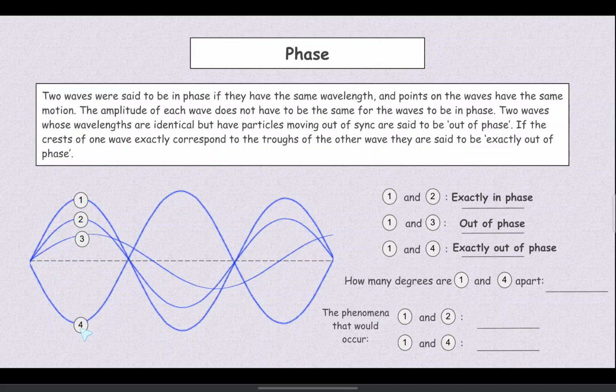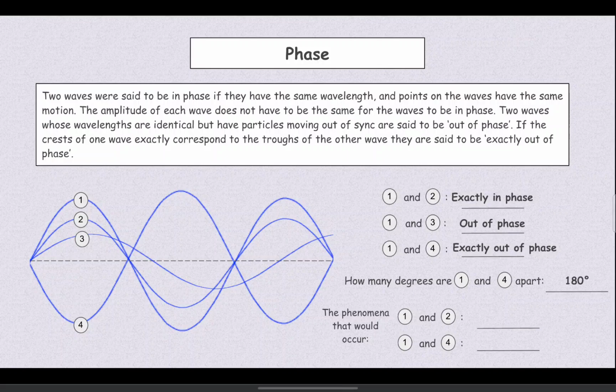So this is at the very top, this is at the very bottom, which means they are exactly out of phase. The wavelength is the same, it's just exactly out of phase or flips the other direction. I just answered that, but if you didn't catch it, how many degrees are 1 and 4 apart? That would be 180.